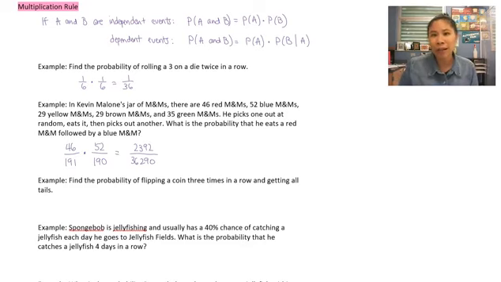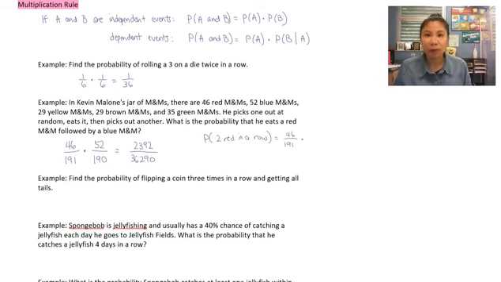Okay, I want to do a follow-up to this question, because let's say we wanted him to eat two red M&Ms in a row. So if this was the case, then my first probability of the first red M&M is still the same, 46 out of 191. But then after he eats that first one, now there are only 190 M&Ms left in the jar, because not independent events, so the second probability changes.